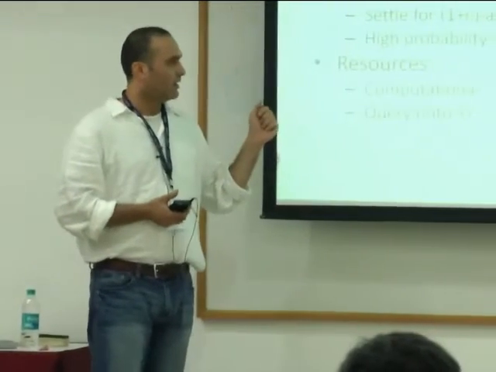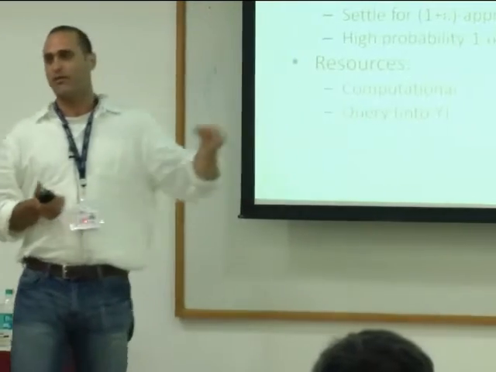Okay. What are the resources I care about? When I did my PhD, I studied these two problems only from the computational complexity point of view. Certain results were found by myself and by others, and then that was sort of the end, and I got turned off.